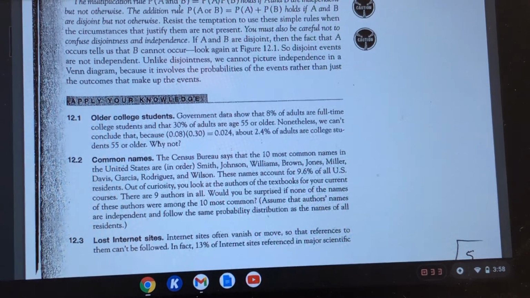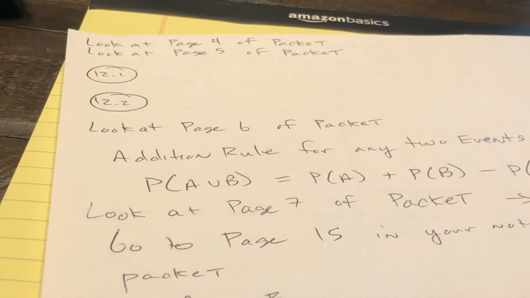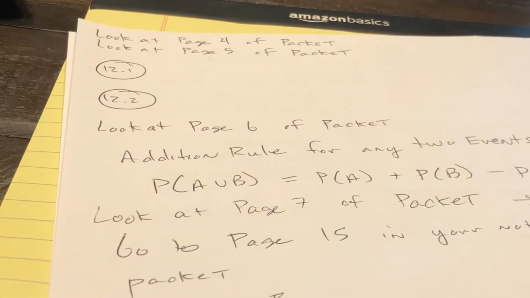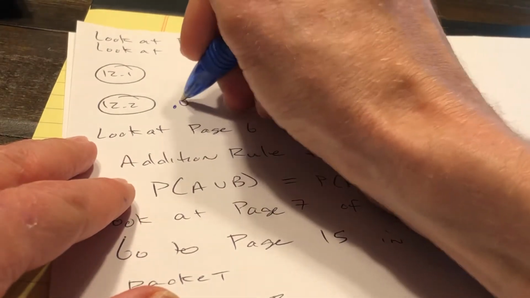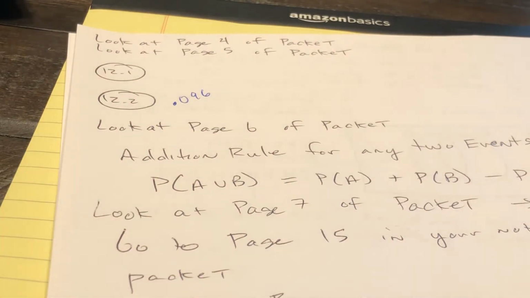So here's what we're going to do on this one. We're going to do this one together. It's a fun one. We don't define X here. So the probability of getting an author with one of those 10 most common last names is 9.6%, as a decimal.